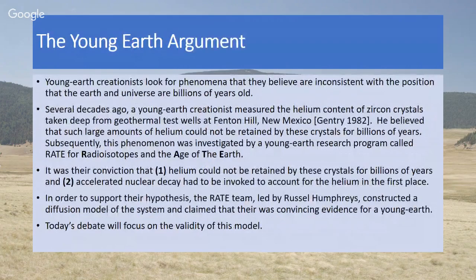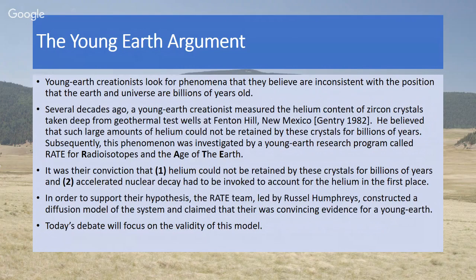So let's put this whole debate into context. The whole RATE argument was from a group of young Earth creationists. Now, their belief is inconsistent with the scientifically accepted age of the Earth and the universe. So right there, they question the scientific age.